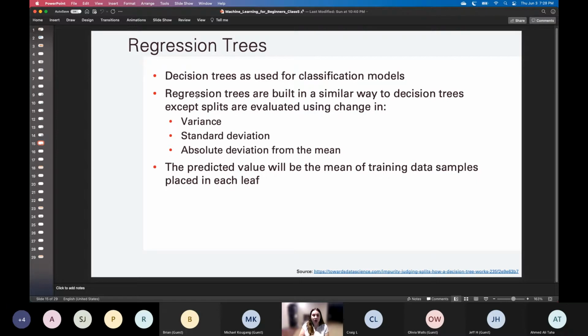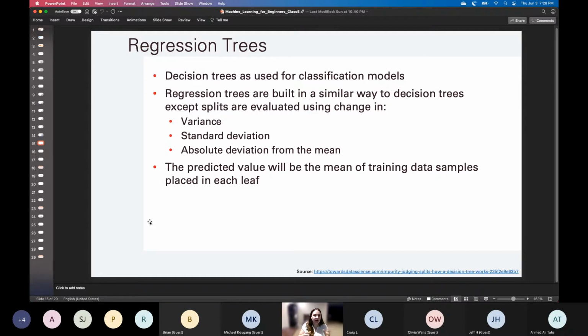the splits are evaluated on things that you've probably heard before, so this is going to be easier for you to understand. They are evaluated on the change in variance, the change in standard deviation, or the absolute deviation from the mean. So we would look at the node up here and see how much the variance changes when it goes to the next row. That probably makes intuitive sense. And when we look at the predicted value, this was actually the question that was asked.